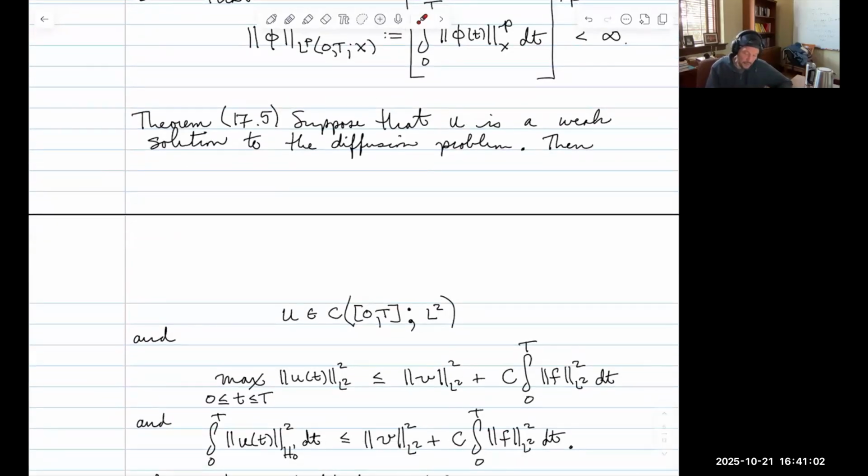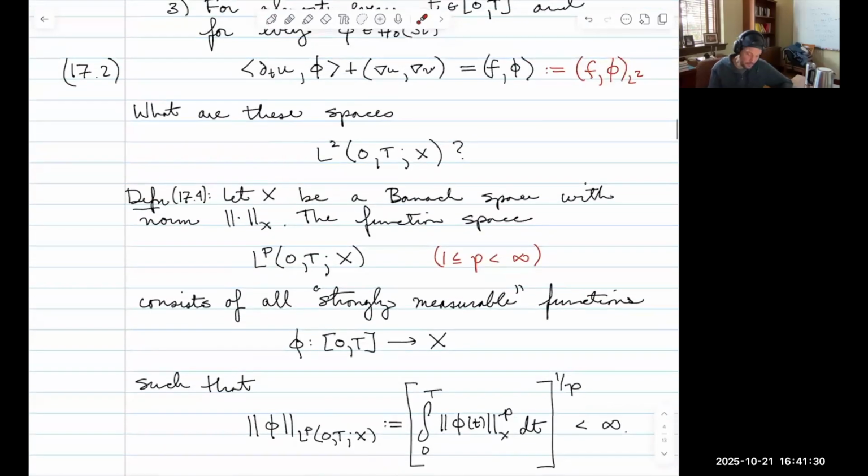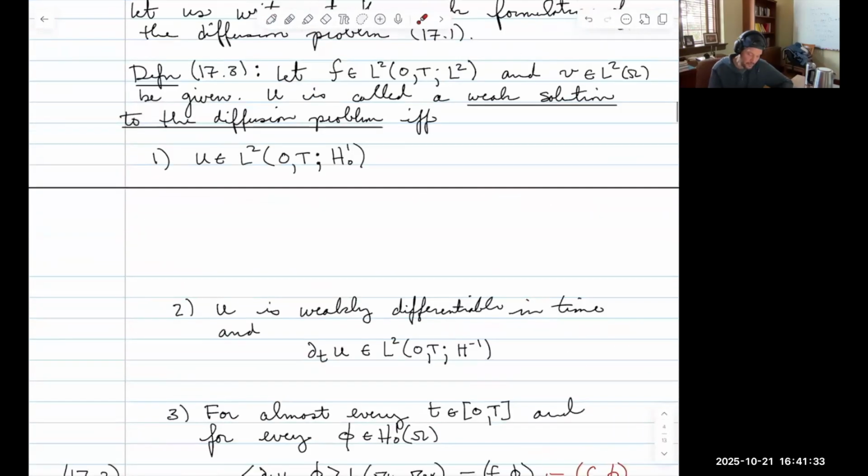Suppose that U is a weak solution to the diffusion problem, then U actually is a continuous function, not just a strongly measurable function now. This is kind of like a Sobolev type embedding. So I will put here Sobolev-like. So I have a function that is in this space and this space.